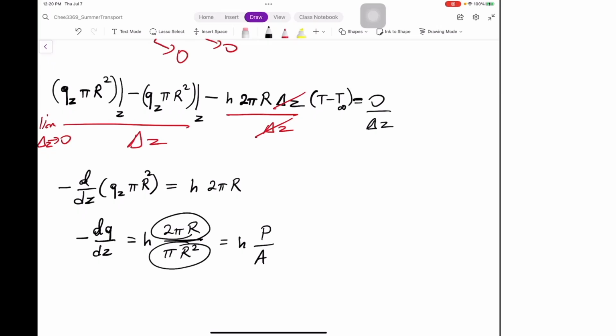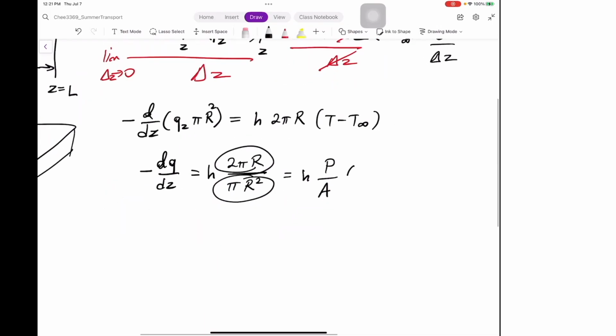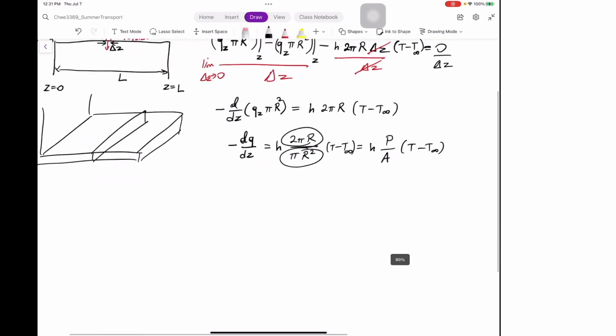Thank you for this very important correction.